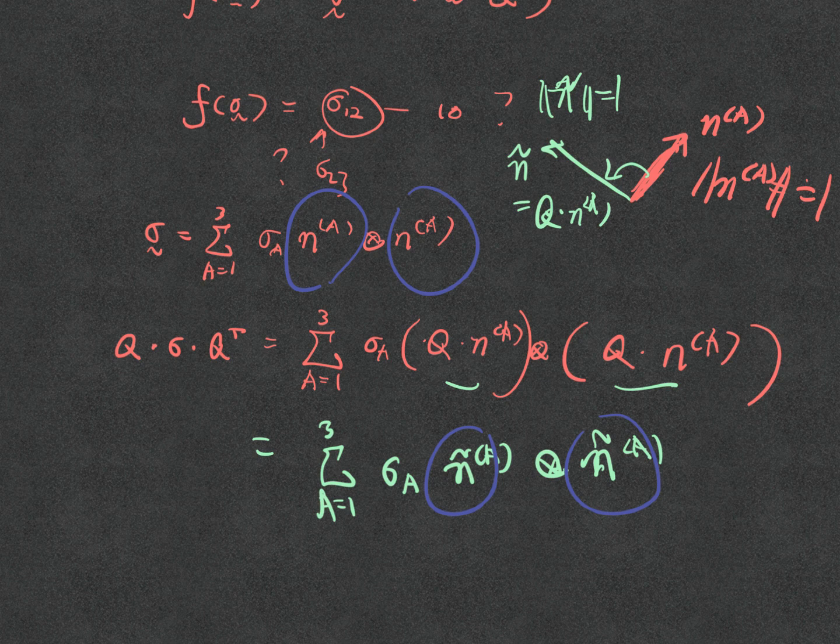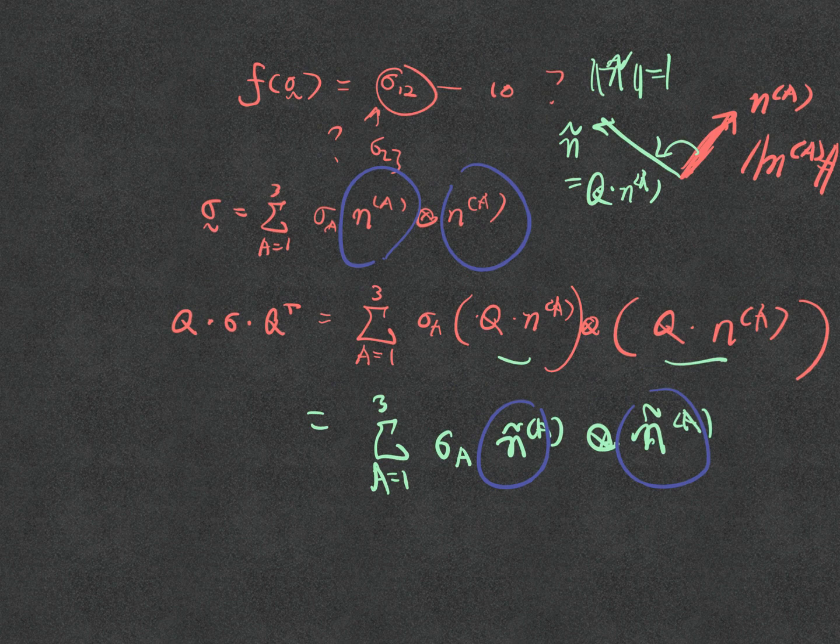By itself, they don't have any correlation, but they are simply two sets of vectors that span the same space. So this could be n1, n2, and n3. Let me use the classical notation. I need to practice my notations. And the new one would be simply rotated versions of them, maybe something like this.